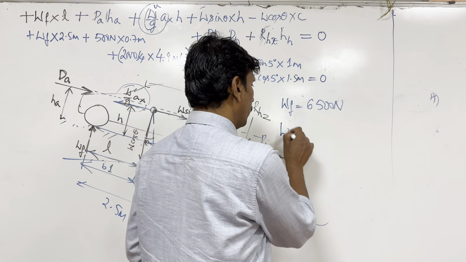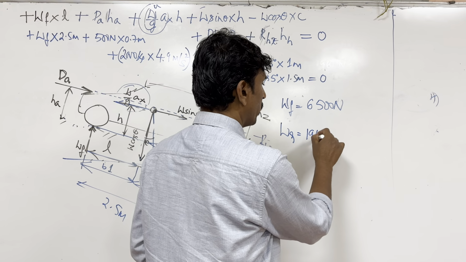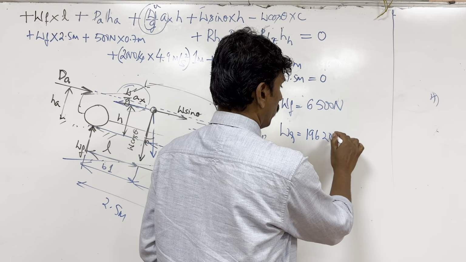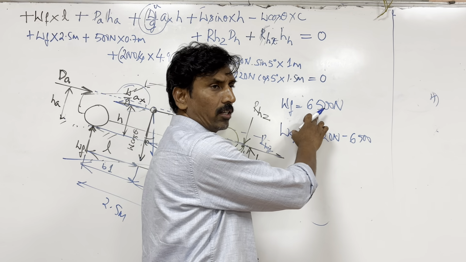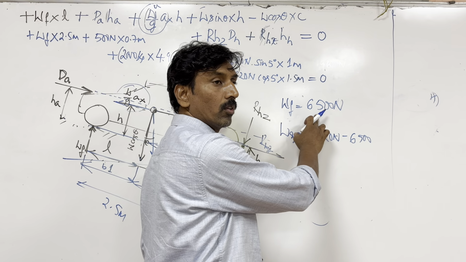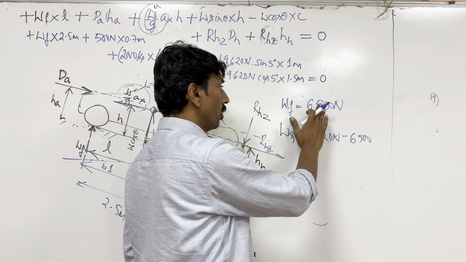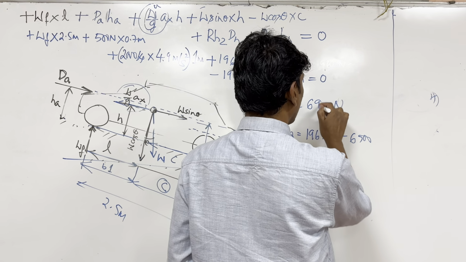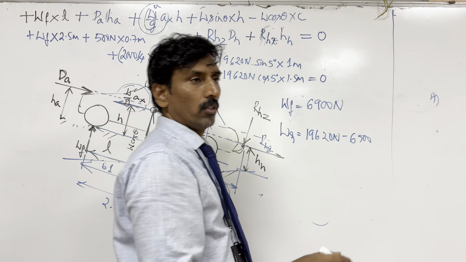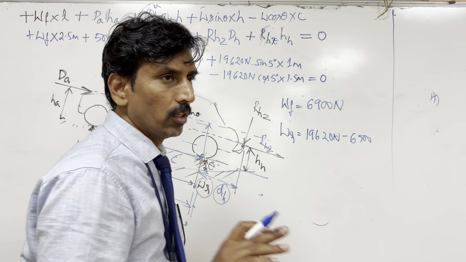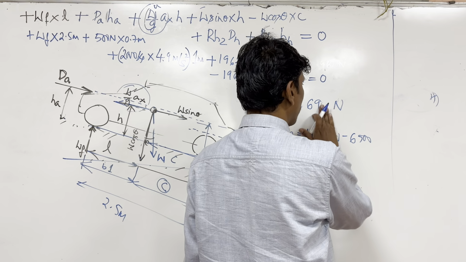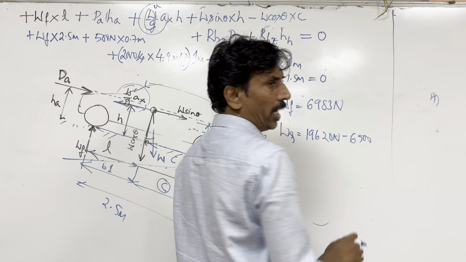Weight on the rear wheel is 19620 minus the front wheel weight. Is it exactly 6,500? It is 6,983. So be precise, guys.